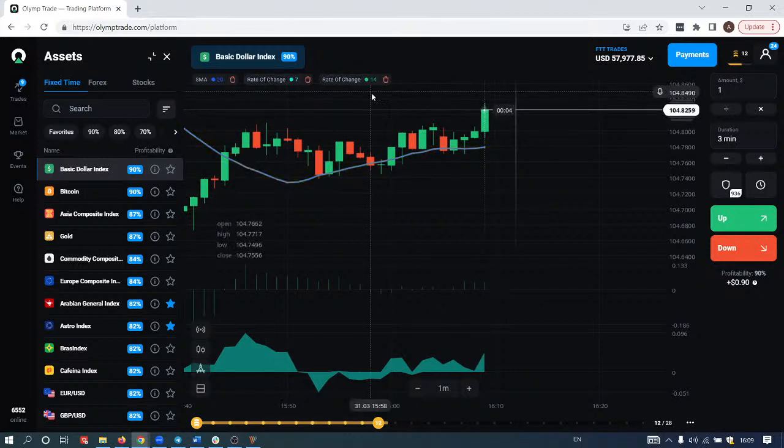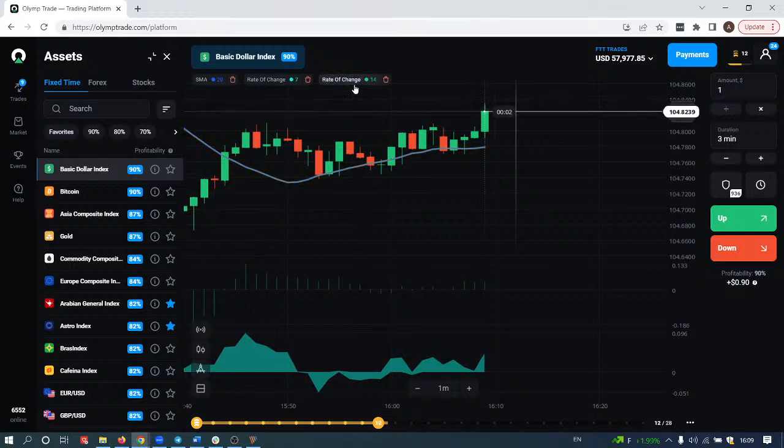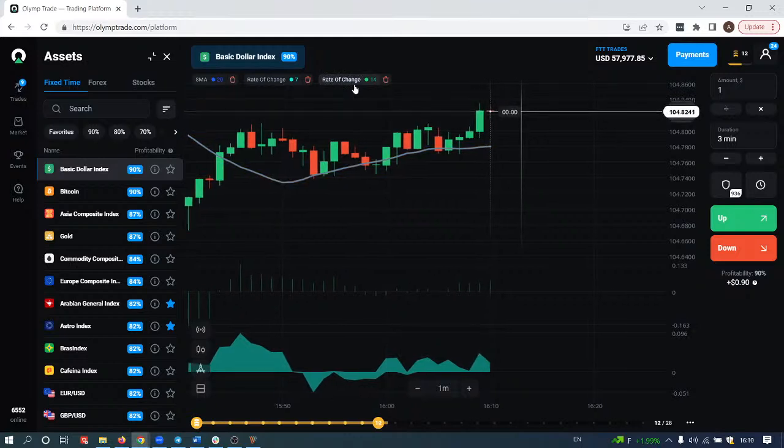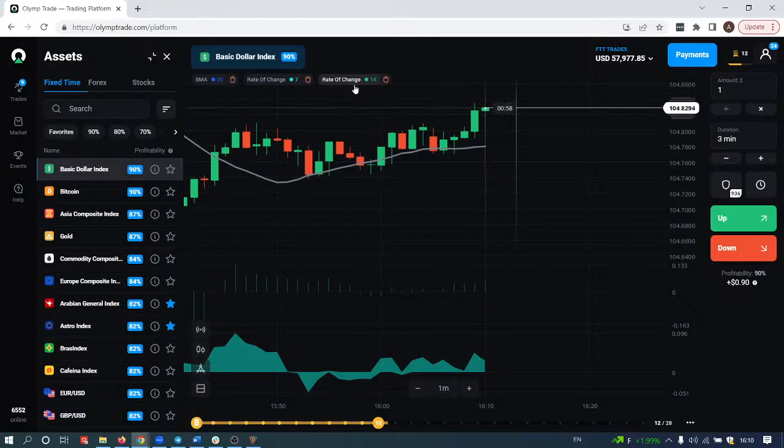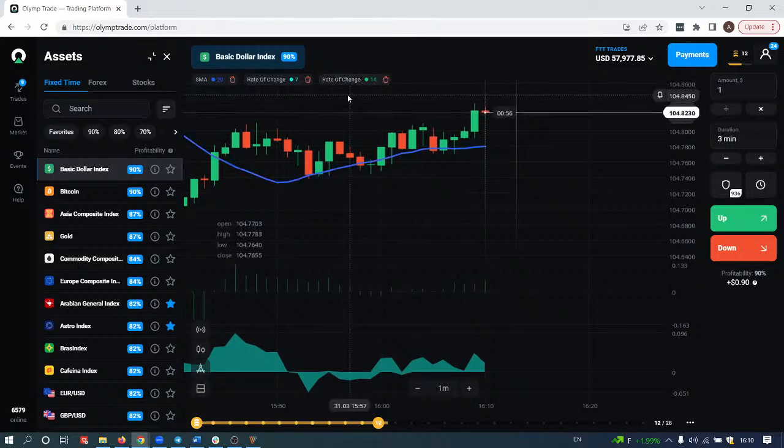Basically, rate of change is just another one of the oscillators that we have plenty of, and it works very similar to the principle that MACD works, or the Williams %R indicator, or even the RSI indicator. So it's kind of the same story.